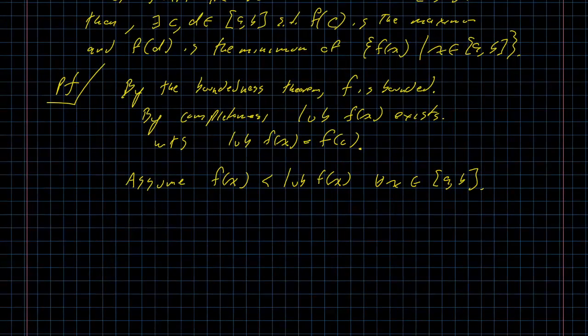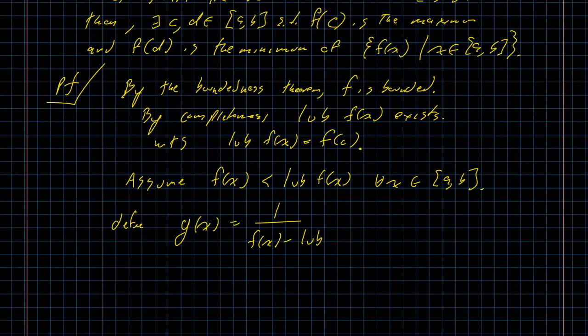And so we'll define a new function, g of x is 1 over f of x minus the least upper bound. I'm just going to call it LUB, just because I'm tired of writing out all of that. All right, so LUB, the least upper bound of f of x on the interval from a to b.